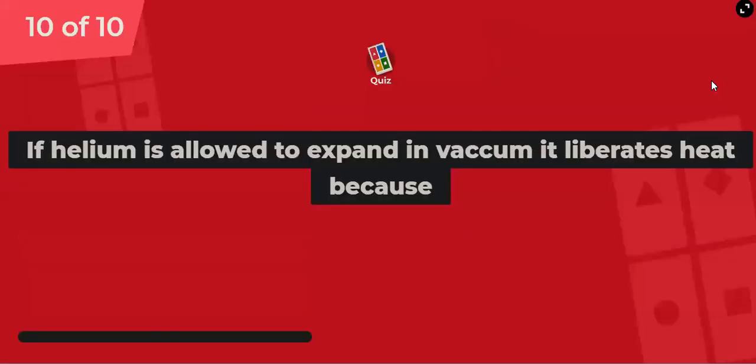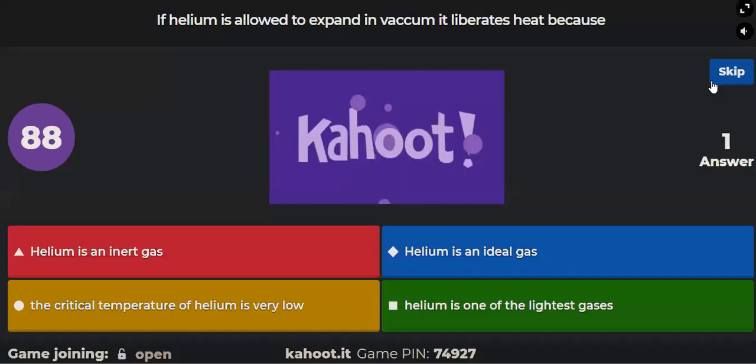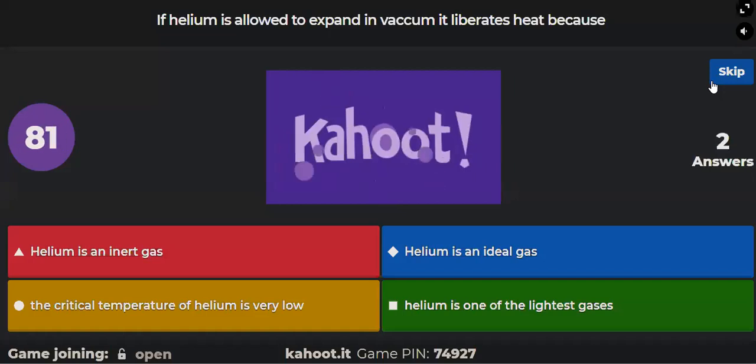If helium is allowed to expand in vacuum, it liberates heat because... 10 seconds left. Again, 10 seconds left. 5 seconds. Time's up.